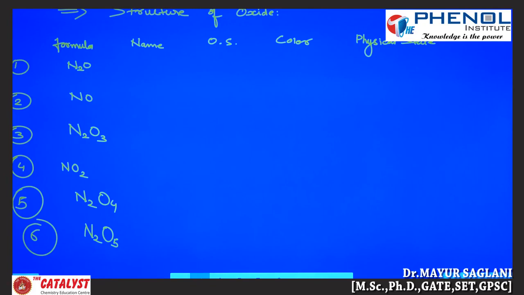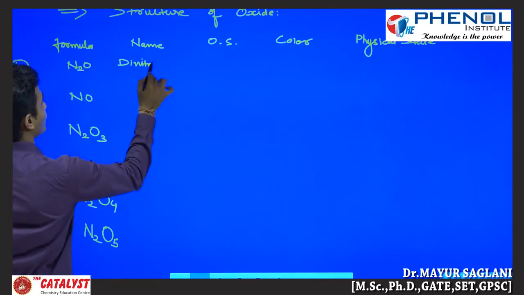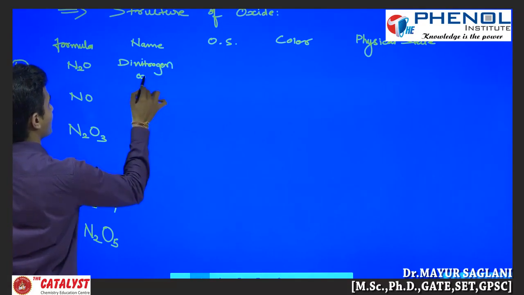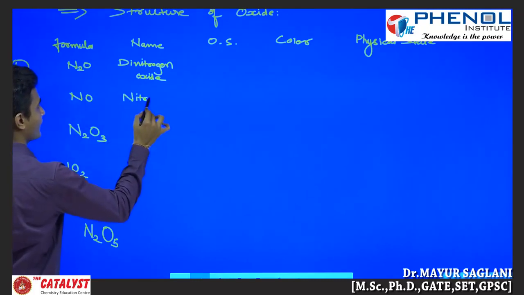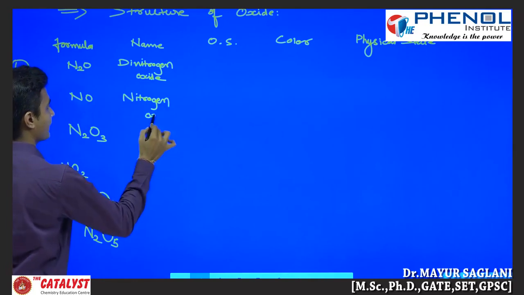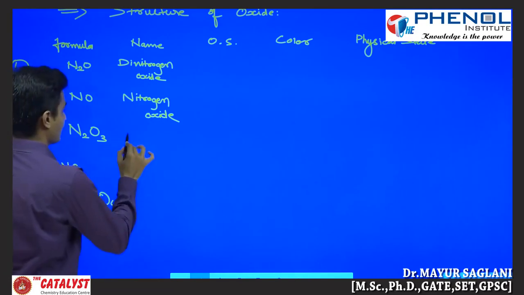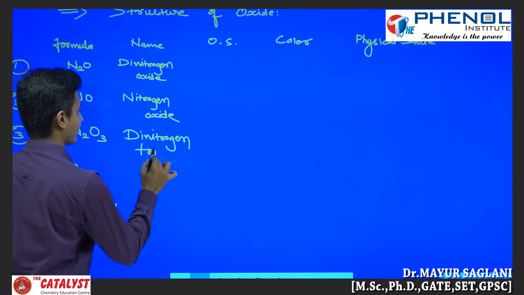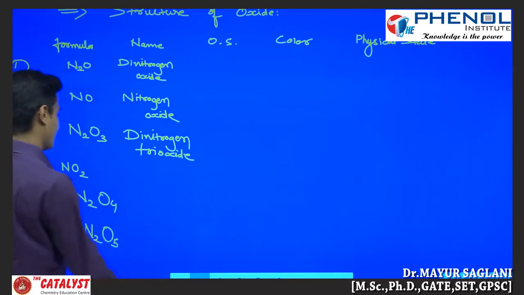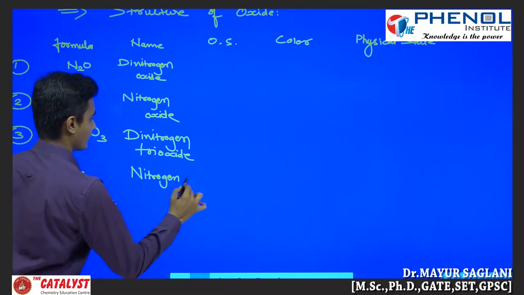Name: dinitrogen oxide. The names are very easy. Now this one is nitrogen oxide. Then dinitrogen trioxide. Next nitrogen dioxide.